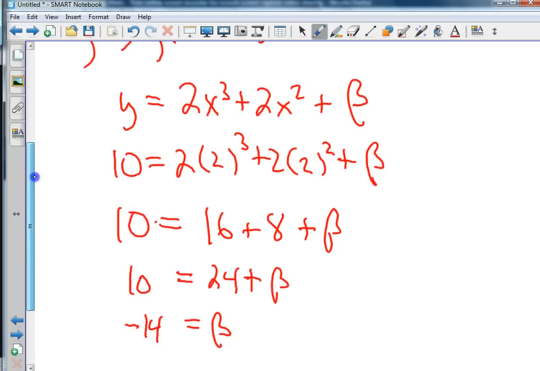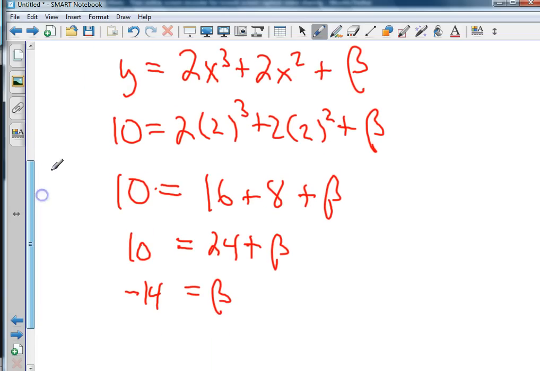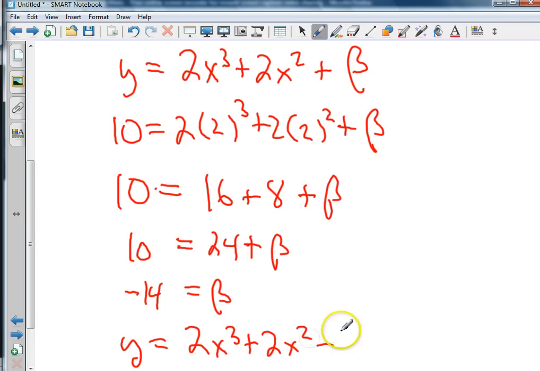All right, so now the general solution is this. There's an infinite set of curves, depending on infinitely many different choices for beta. But our choice for beta is negative 14. So the particular solution is y equals 2x cubed plus 2x squared minus 14.